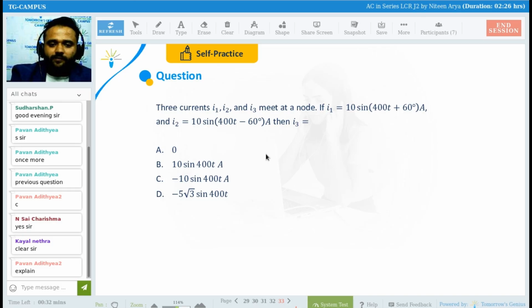Okay, now three currents I1, I2, I3 meet at a node. In general, this is I1, this is I2, this is I3, suppose. If I1 and I2 are given, then I3 is going to be in this way if they are coming in. Wait. They meet at a node.